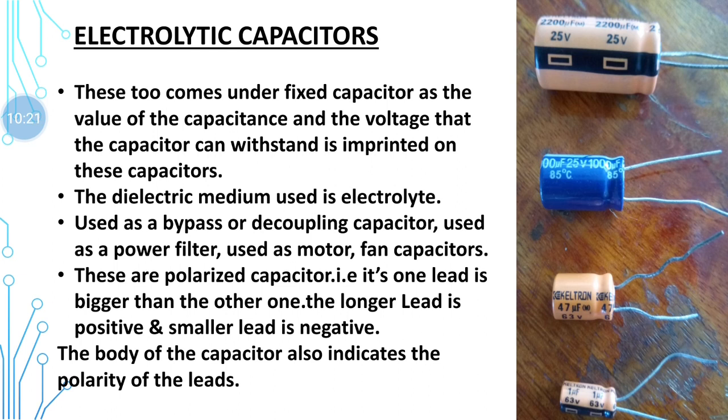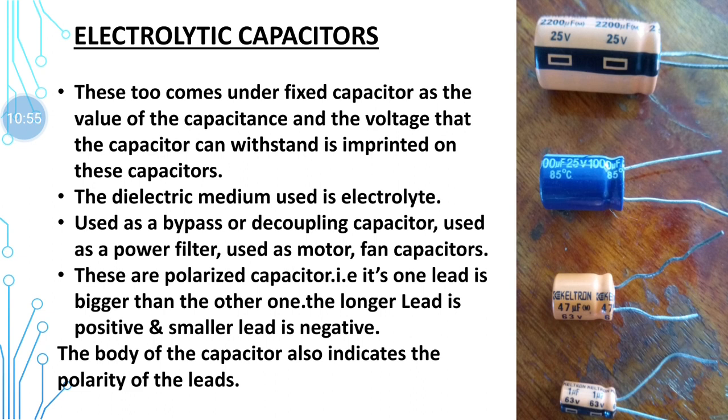An electrolytic capacitor also comes under the fixed capacitors. The capacitance and the voltage values are imprinted on its body. It is mostly used as a bypass or decoupling capacitor, and in filters. Their applications are in motors and in fans.